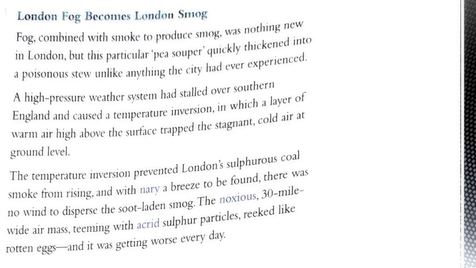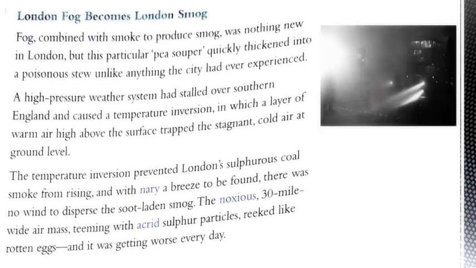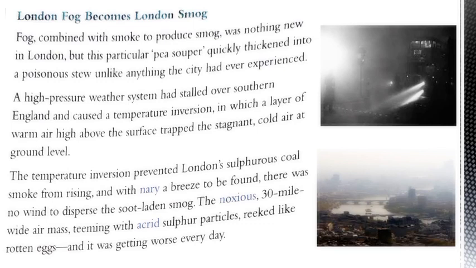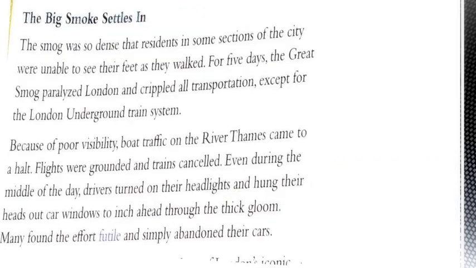Now we will move to the third part, the big smoke settling in London. How it settled there and what problems it created. You can see the picture. Now, the smoke was dense.